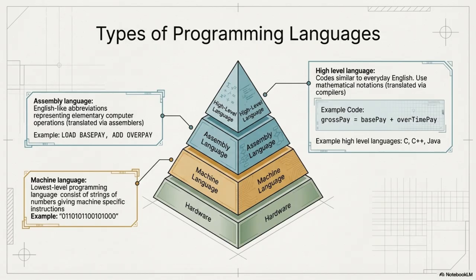And then we continue to the high level language. This is where we will spend most of our time in this semester. These codes are similar to everyday English and use mathematical notation. For example, languages we are going to learn, which are C, C++, and Java.